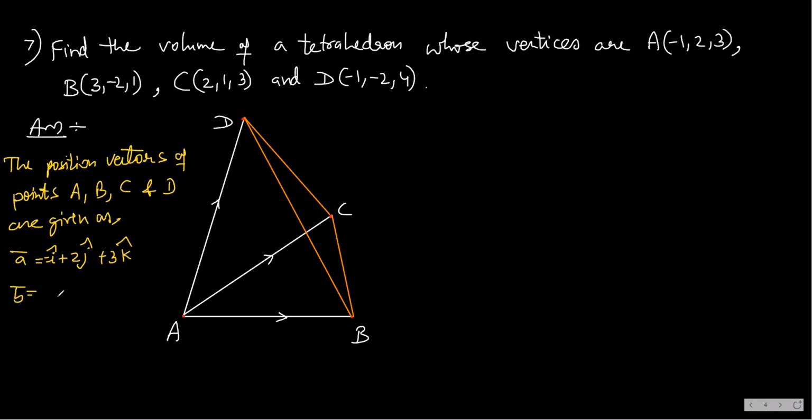B bar is 3I cap minus 2j cap plus k cap. C bar is 2I cap plus j cap plus 3k cap, and D bar is equal to minus I cap minus 2j cap plus 4k cap.